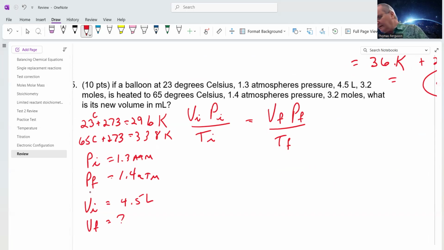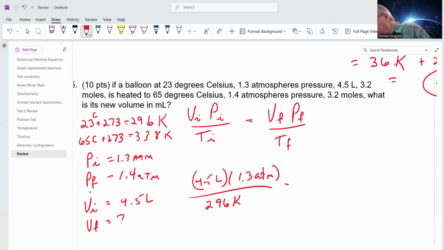Okay, so we're looking at the initial volume is 4.5. Initial pressure is 1.3. Initial temperature is 296.